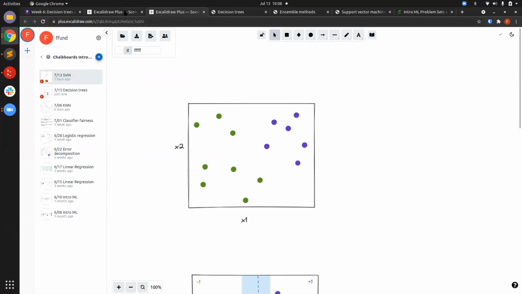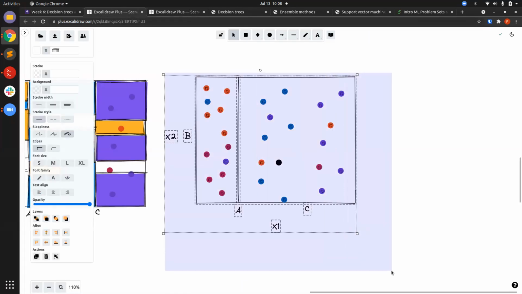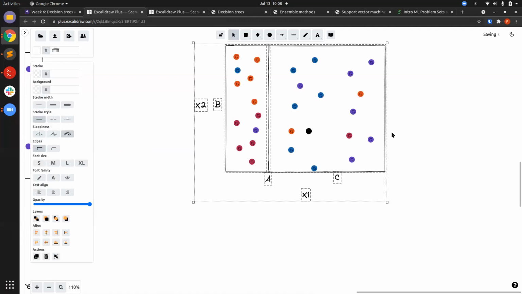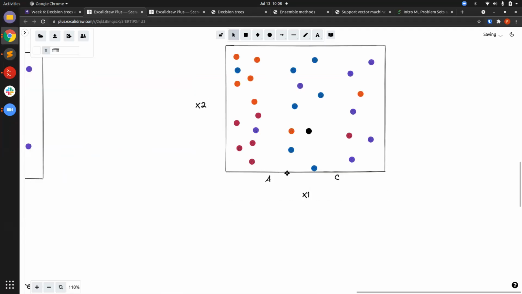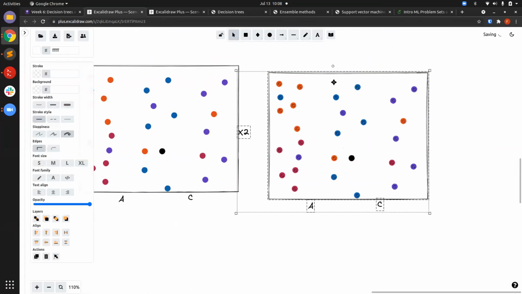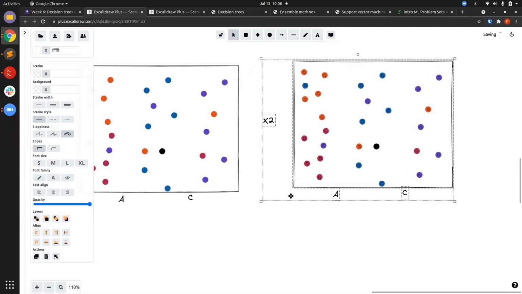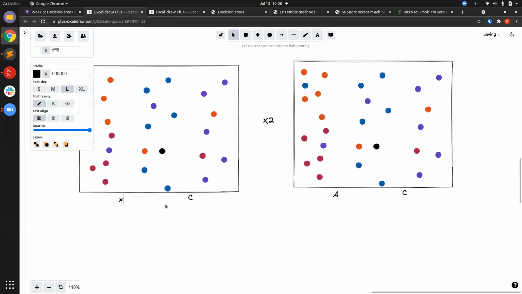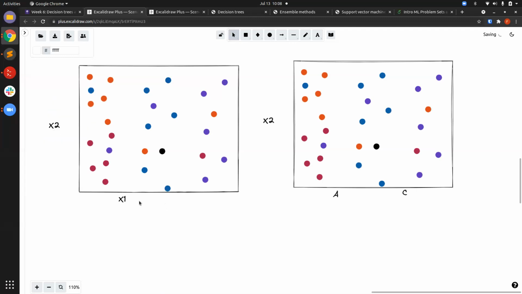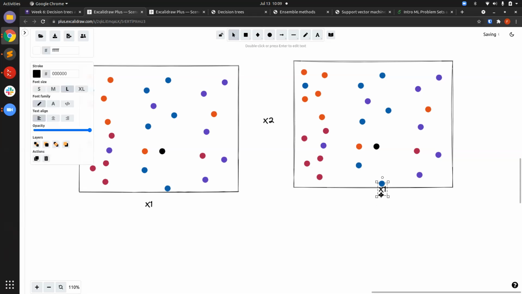Okay. So let's say I have this data set here. Okay, so this is my original data set. And I'm going to use it to create multiple, let's say, bootstrap data sets by sampling with replacement.